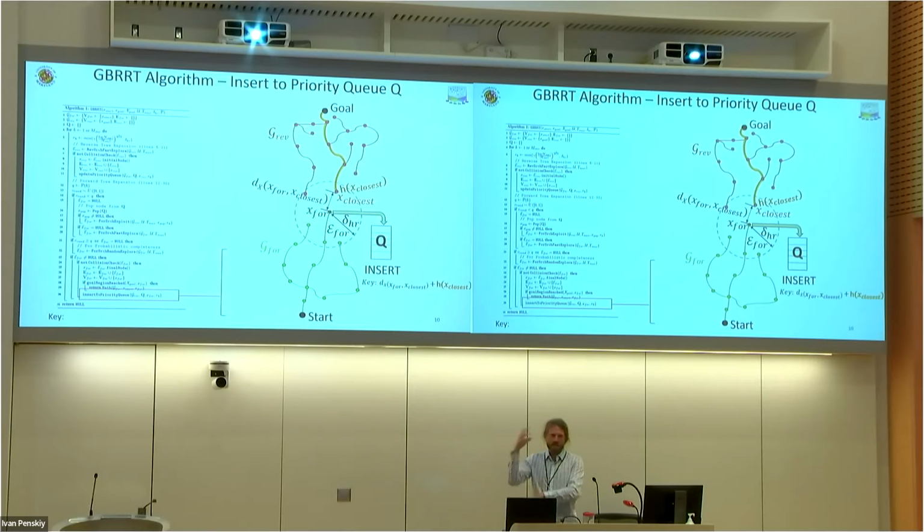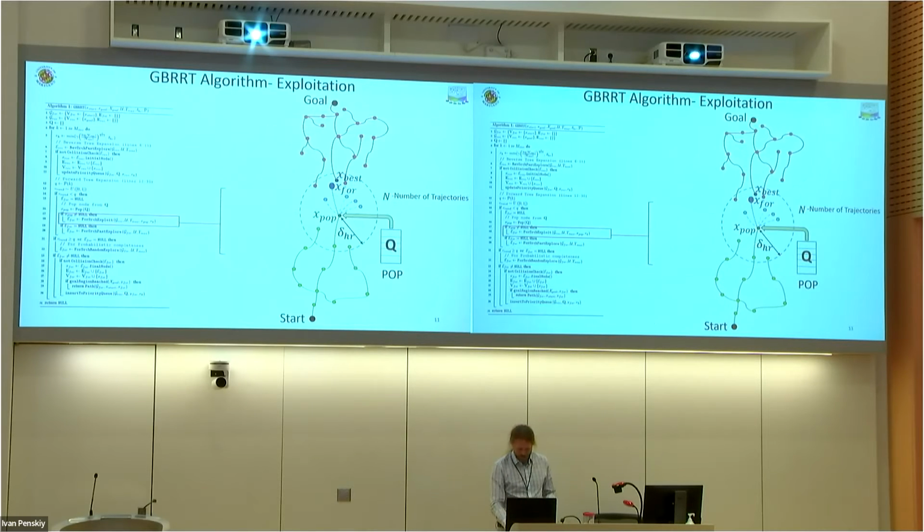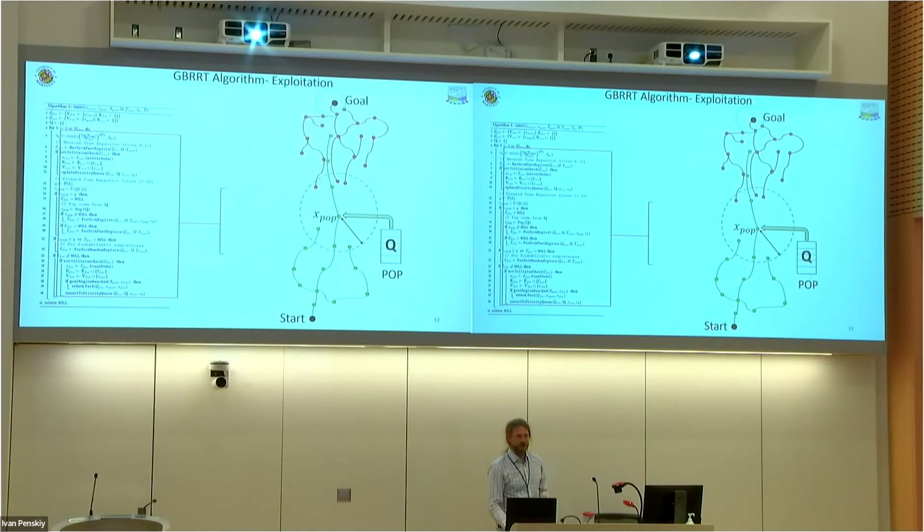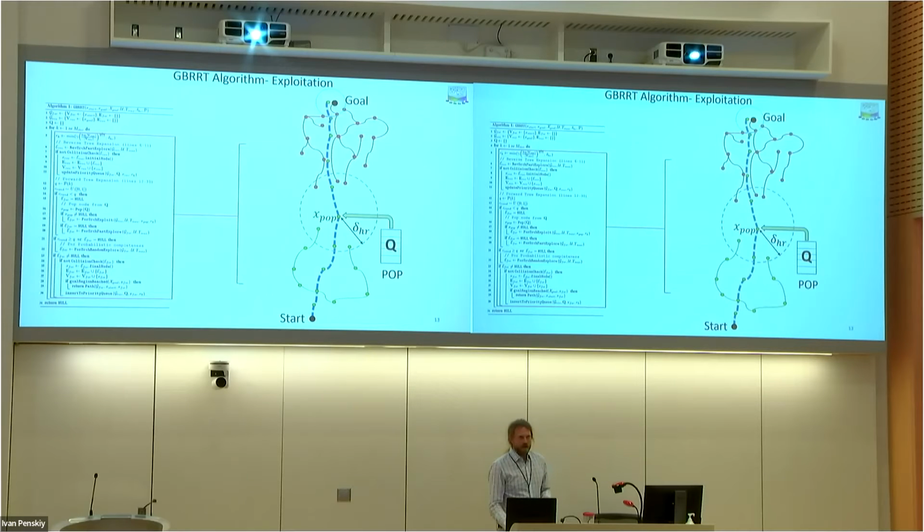And we're going to pop things out of this and try to expand them. Here's the little blossom thing. We found our best blossom, and then we'll quickly grow towards the goal using this strategy. And in addition to this, there's also random sampling that happens occasionally based on that exploitation ratio.